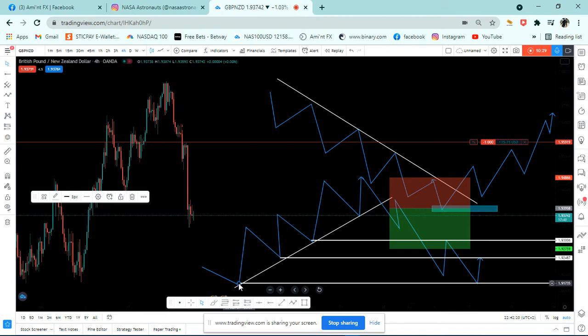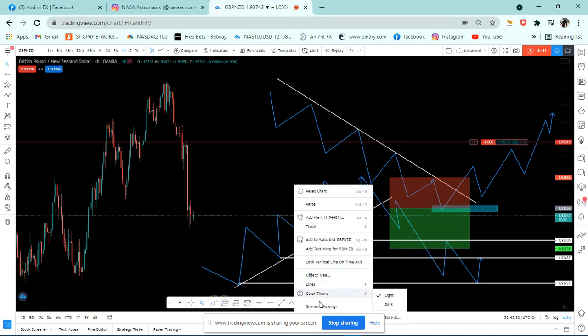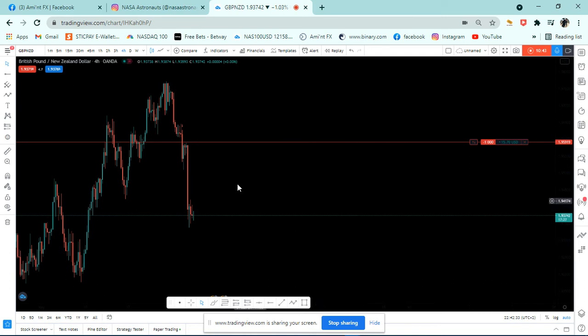The market changes direction at some key levels which are support and resistance. So having said that, I'm going to show you examples of this strategy.